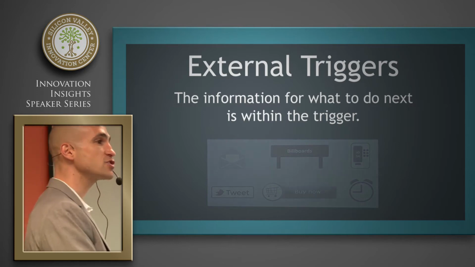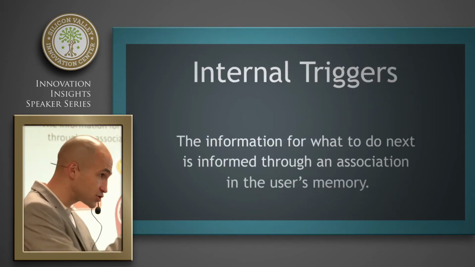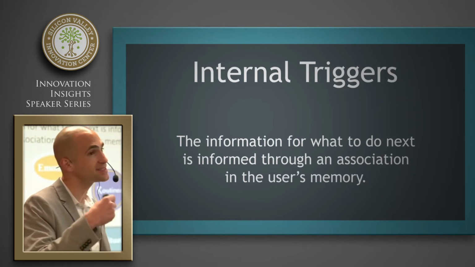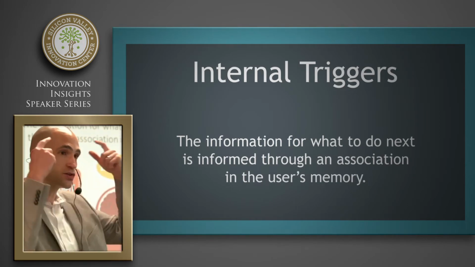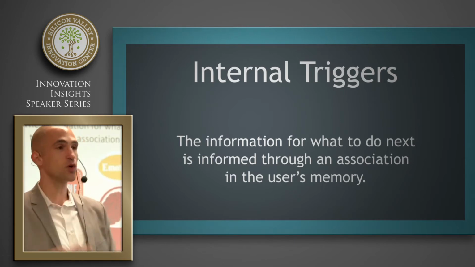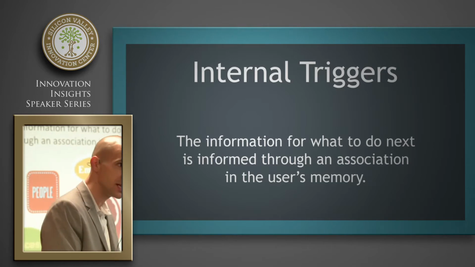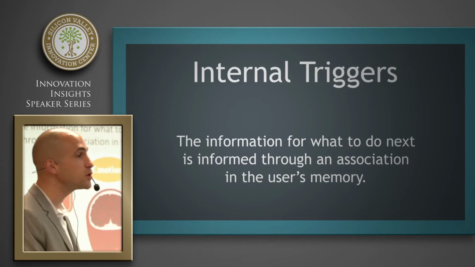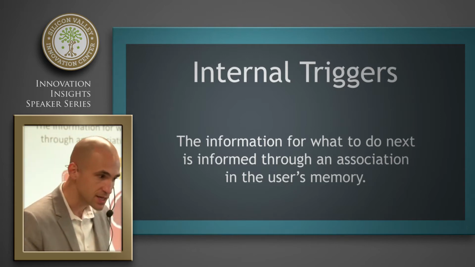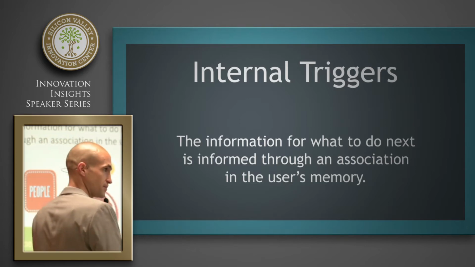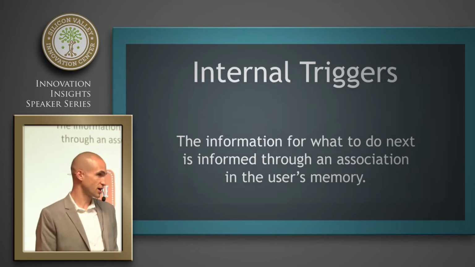But the information for what to do next is not informed by information in the trigger itself, but instead is informed through an association in the user's mind. So what we do in response to being in a certain place, a certain situation, a certain routine, around certain people, and most frequently when we experience particular emotions, dictates what we do next, prompts the action for these behaviors that we do with little or no conscious thought.